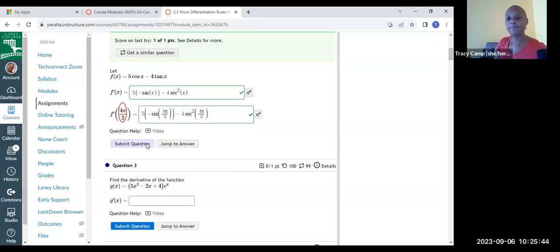If you want to get more detailed, you totally can. You can figure out what your sine of 4 pi over 3 is.